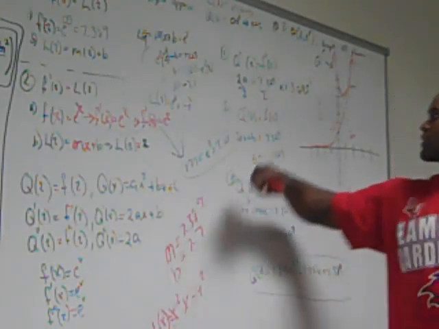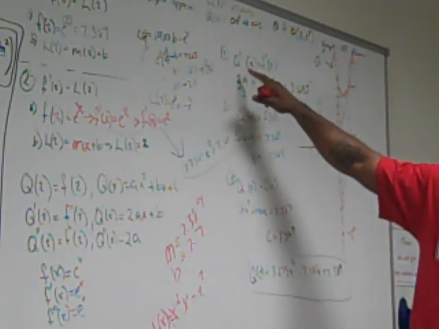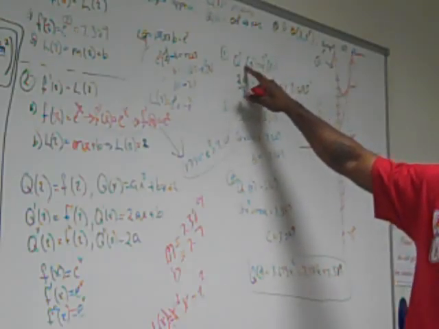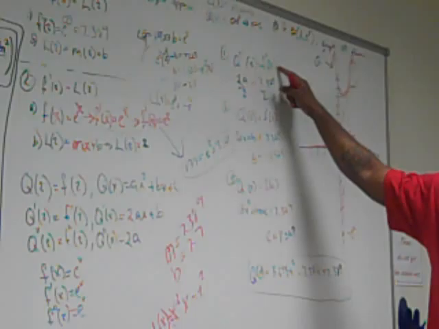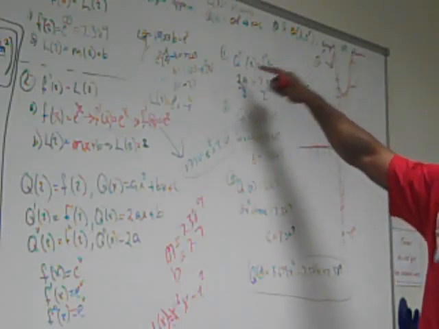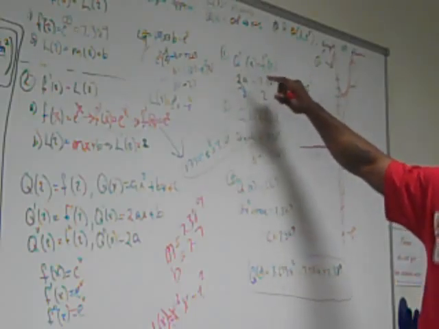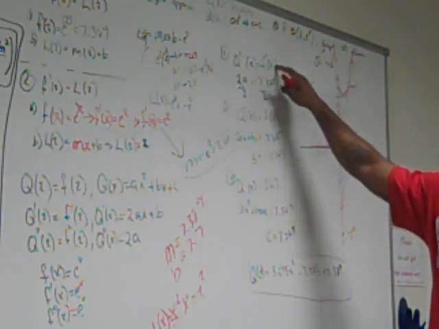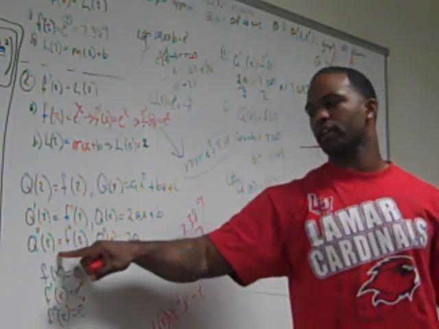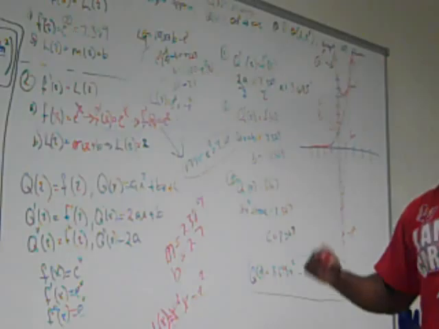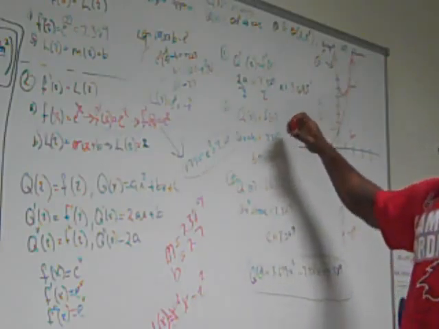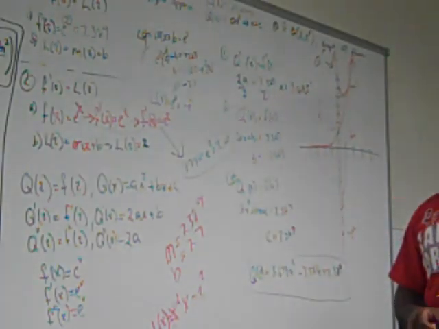So I just took this and set the second derivative of the quadratic function equal to the second derivative of the original function. That's why I wrote this right here, so I could keep track of what I was setting equal to what. And then basically you just solve for a after that. Okay.